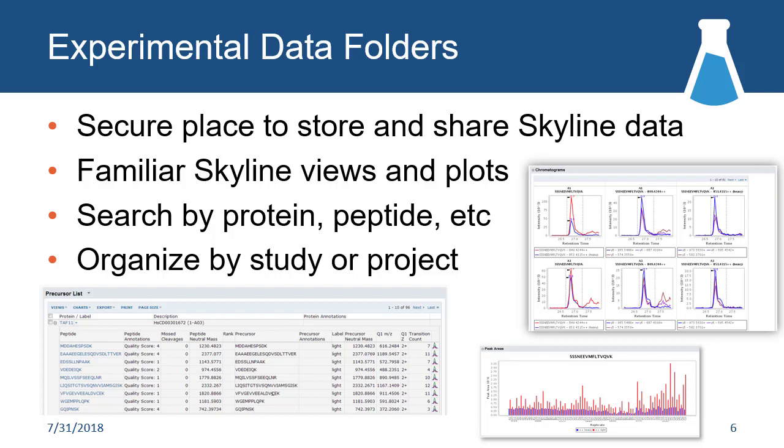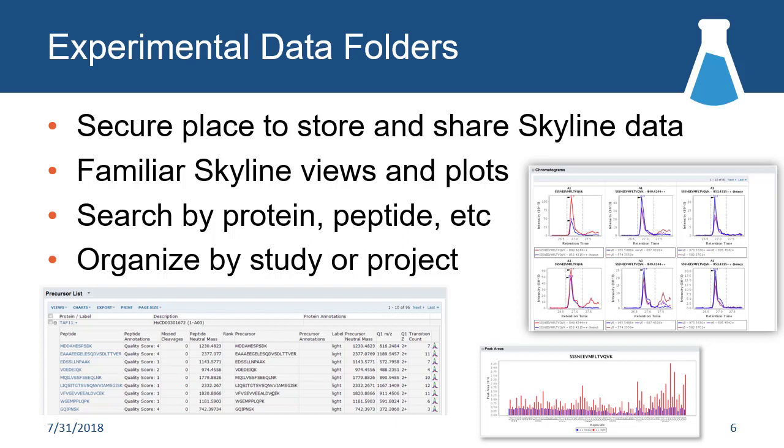And once you've imported that data, you can go ahead and search across it. There are some built-in search features, and then we have the APIs as a way to do more advanced searches on top of that. This is a way to say, across all my Skyline files that I've ever created and imported into Panorama, which are the ones that were analyzing peptide X or had protein Y in them.